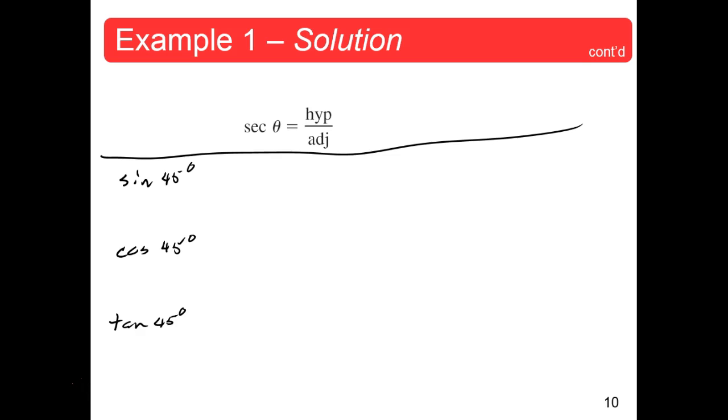Now, 45 degrees. Is there anything special about that? Anything special about 45 degrees? Right, and since this is a right triangle, that's going to be 90 right there.